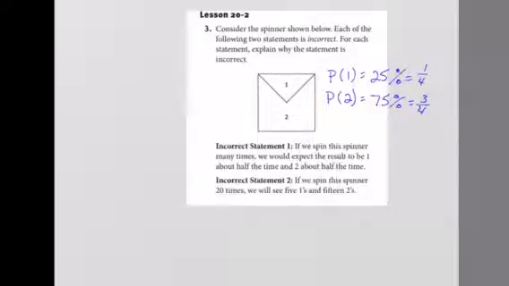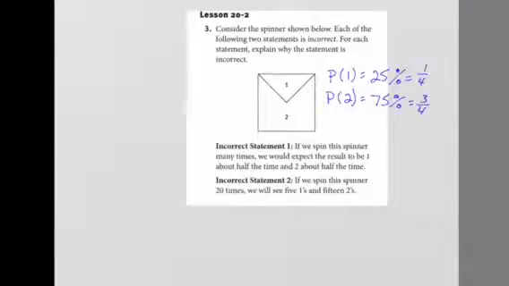But that's not the way it is. It's set up 25-75. So the reason statement 1 is incorrect is because it says half the time would result in a 1 and half the time a 2, when it's 25% 1, 75% 2.